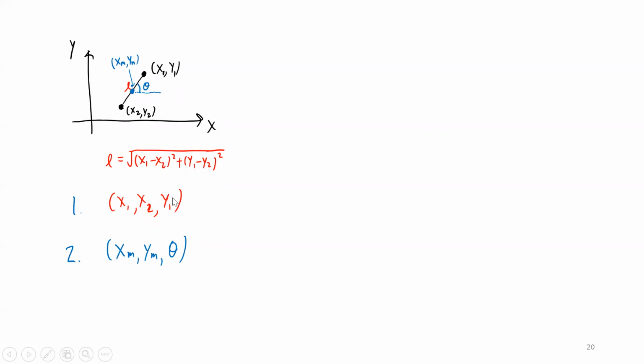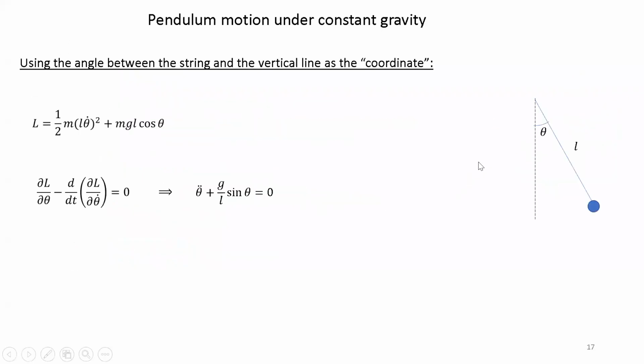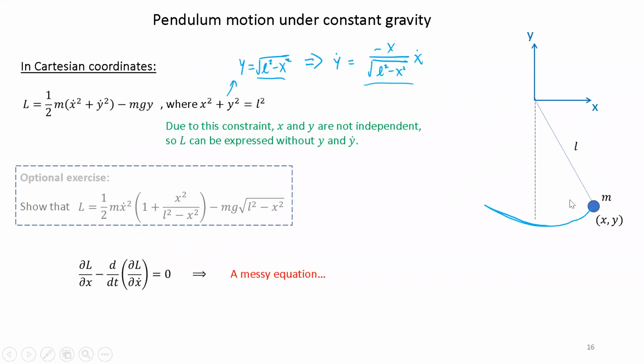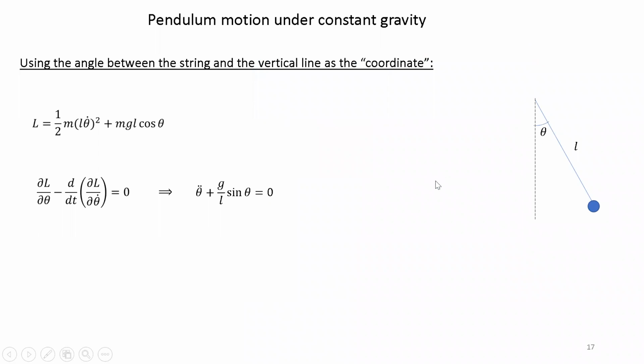But at the end I just need three, because four minus one constraint is three. If you go back to this pendulum example, with one particle on the xy plane you in principle need two numbers, but then you have one constraint, so actually you just need one. And that one can be x, or this theta.